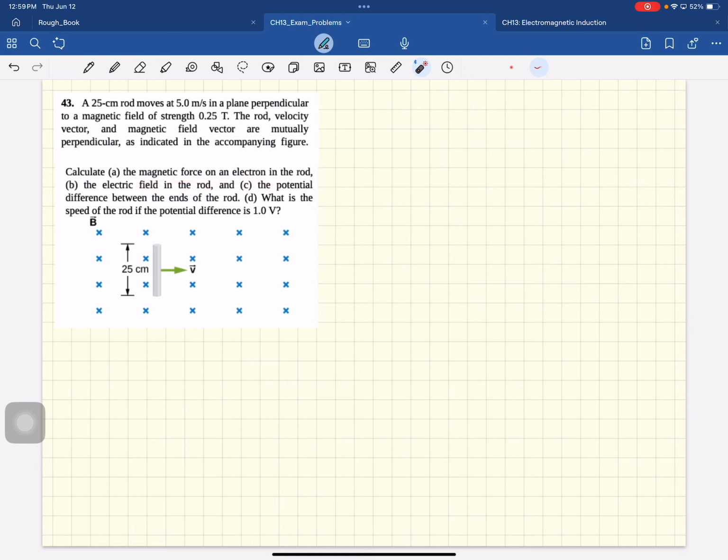Okay, so the direction of the force is V cross B. When you turn from V to B, the force will be upward, but this is a negative charge, so the force is downward. Magnitude of the force is QVB.